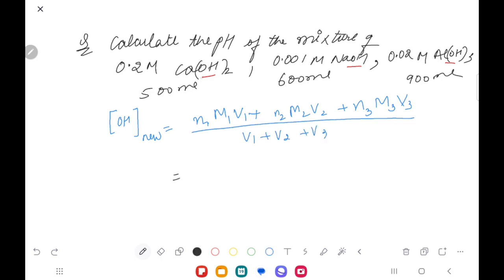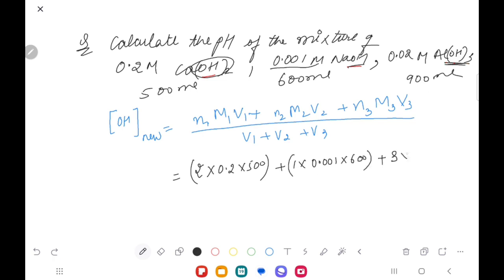So what is N1? My first base is Ca(OH)2, whose N1 is 2. M1 is 0.2 and volume is 500. Plus N2 is going to be 1, molarity is going to be 0.001 and volume is going to be 600. N3 is going to be 3, molarity is going to be 0.02 and volume is going to be 900, divided by 500 plus 600 plus 900. Am I right?